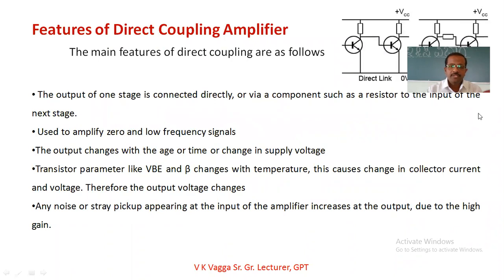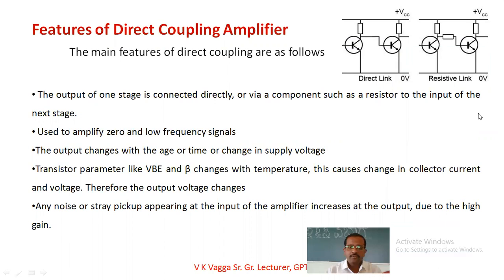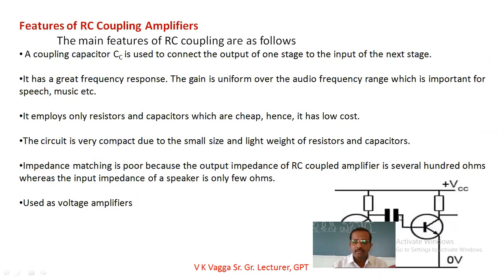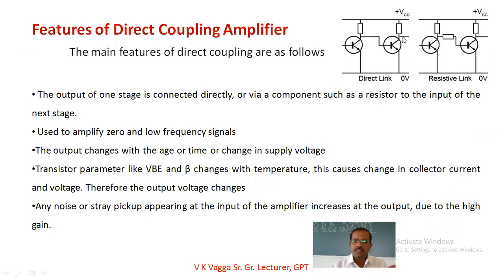If you take the features of the direct coupling amplifier, it can be understood from the name itself. If you take two stages of the amplifier, one stage is connected to the other stage with direct coupling, with a direct wire, or by making use of a single resistor as the link.